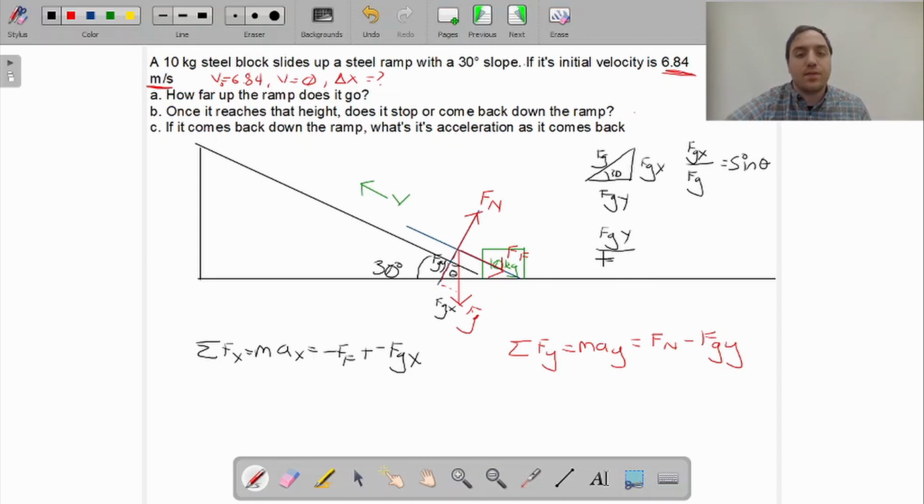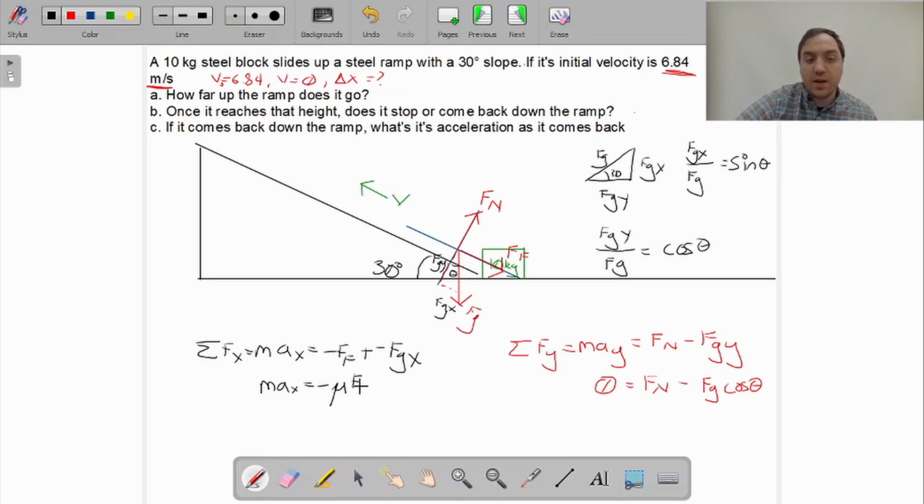F_gy over F_g equals cosine theta in this moment. Additionally, my block is moving along the ramp this way, it's not moving up and down, or more accurately, my acceleration in the y direction is 0. So let's go ahead and plug that in.